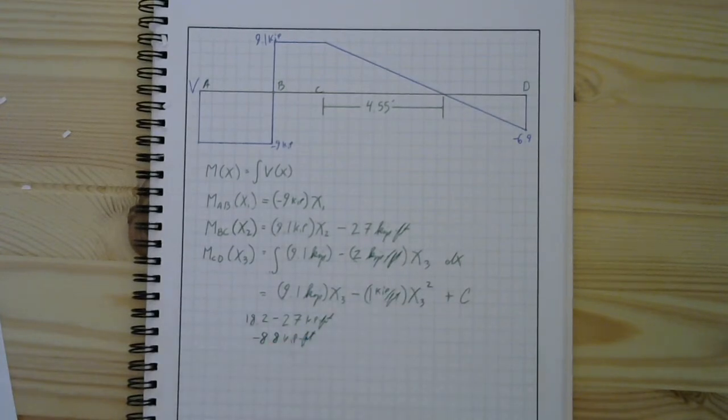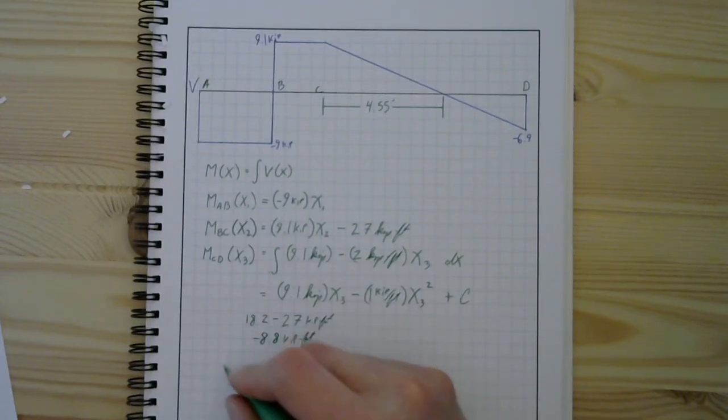So when we draw this all out, this is going to be a quadratic. Let's write it all out.